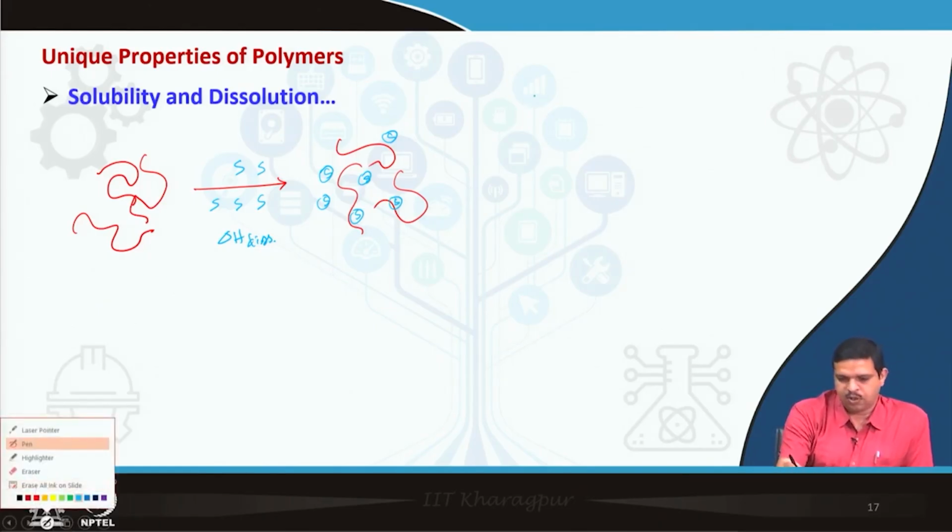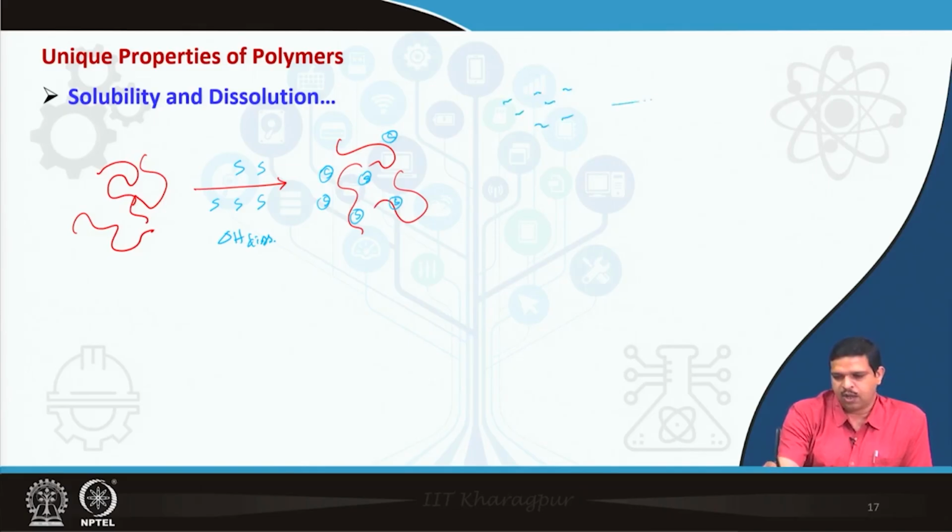So, it is very easy to make it soluble, but in polymer the scenario is very different due to the entanglement of the polymeric chain, and this is more difficult when the polymer has cross linking materials.